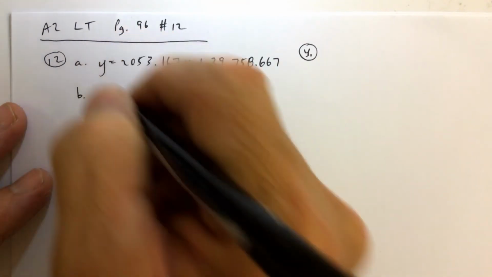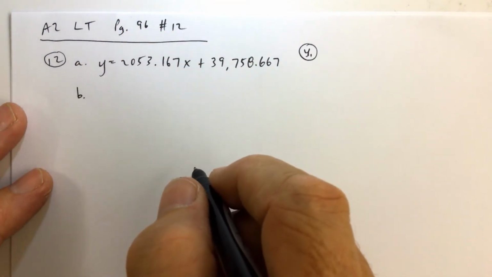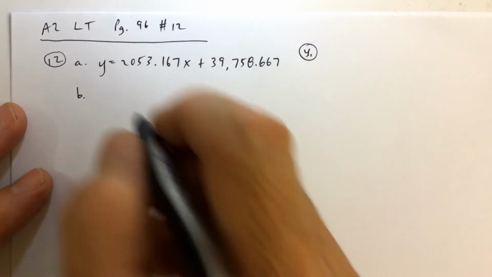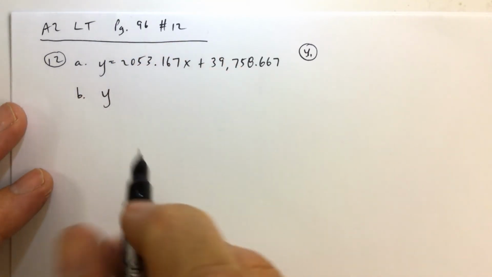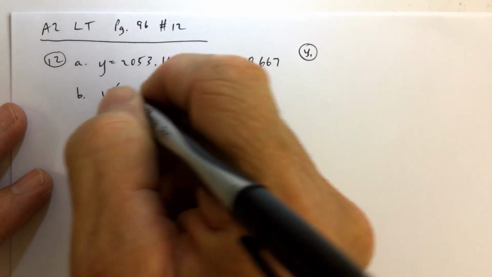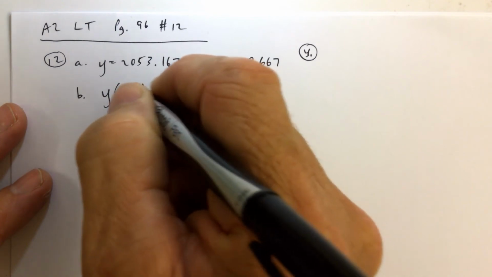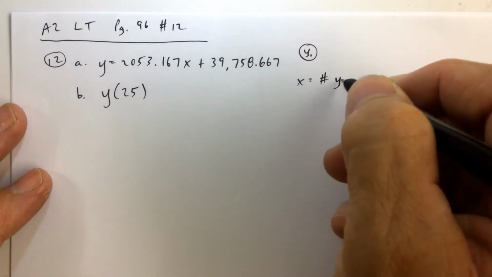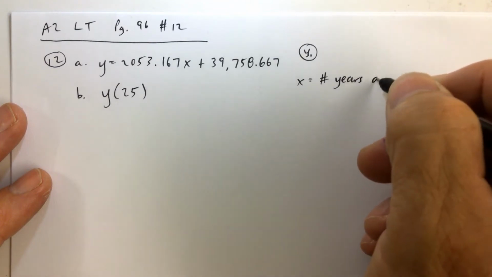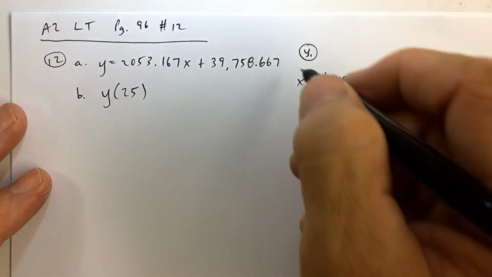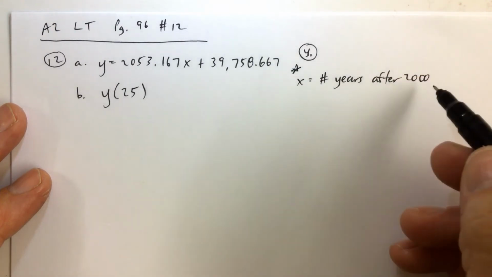That's part A. Part B, use your linear model to predict how many metric tons of pork will be produced in 2025. Well, I want to find Y, being the number of metric tons, in the year 2025. Because my X equals the number of years after the year 2000, and you should write that down, this is the key here: X is the number of years after 2000.